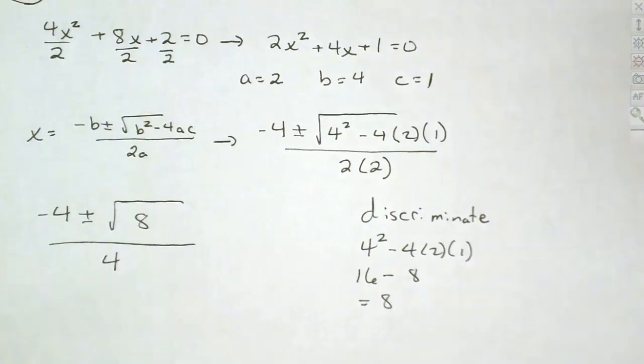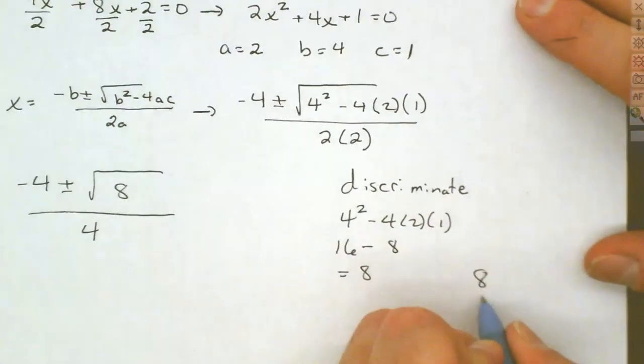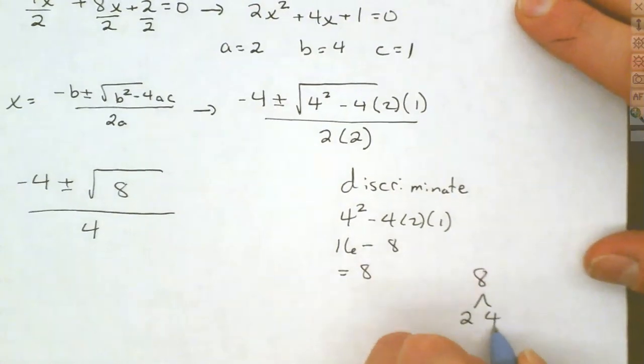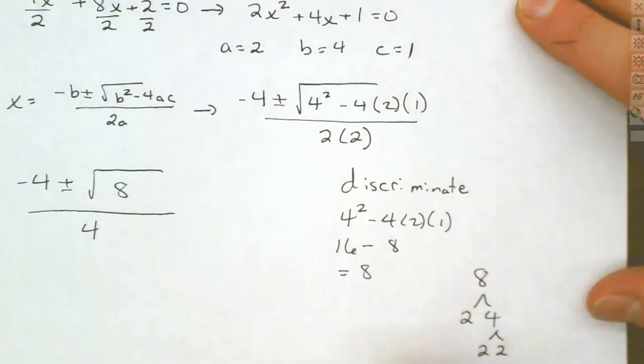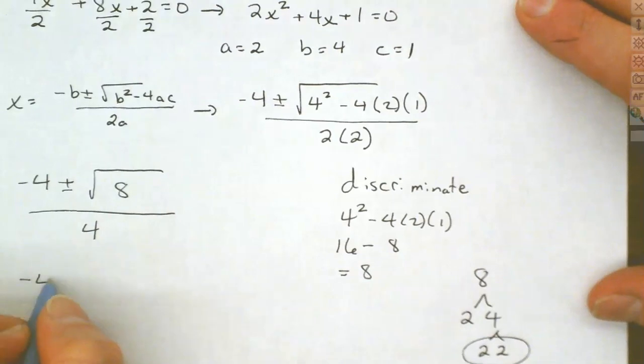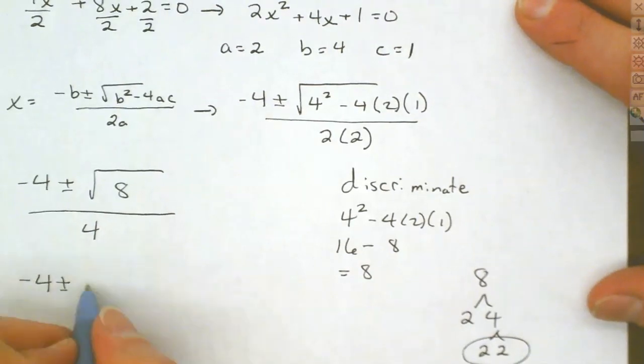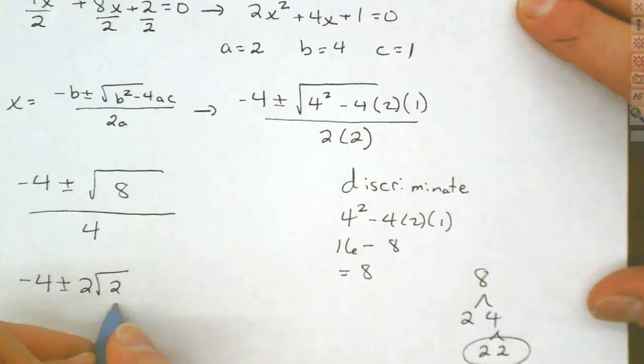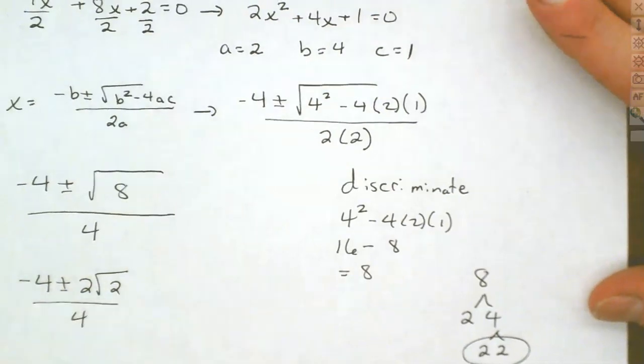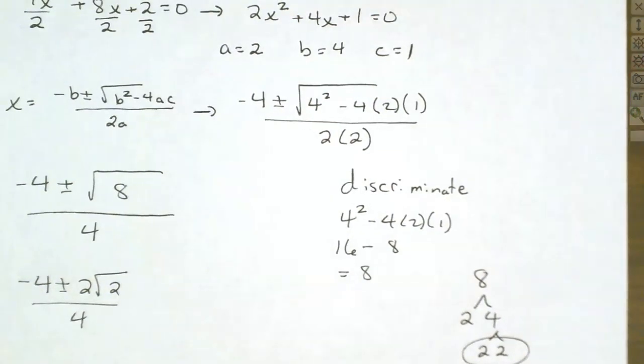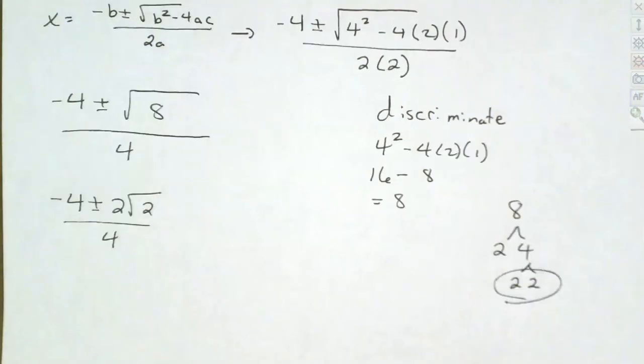Now, once we're at this step, how do we break up 8? Well, 8 breaks down into 2 and 4, 2 and 2. So now that's minus 4 plus or minus 2 square root of 2 over 4. And that is not one of the answer choices, is it? Nope, we need to break it up so that we can get one of the answer choices.